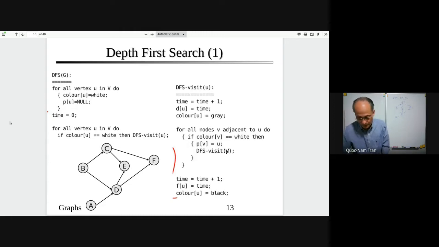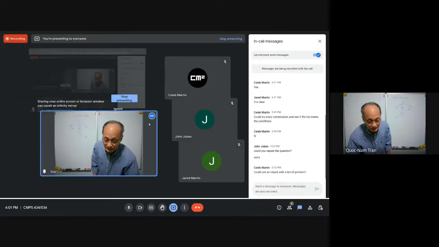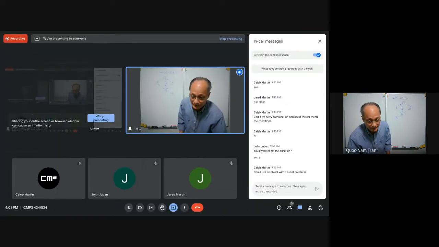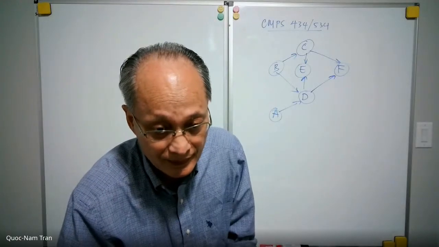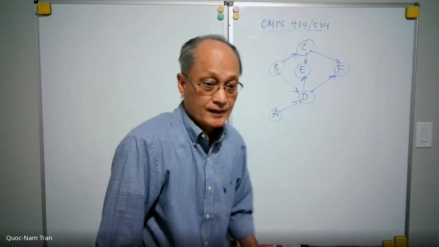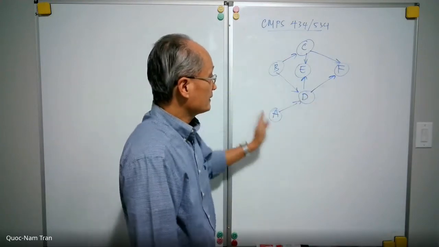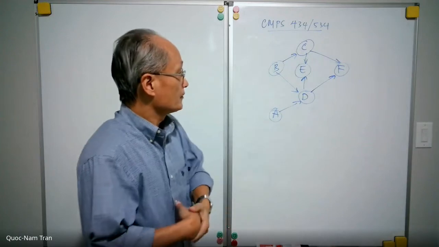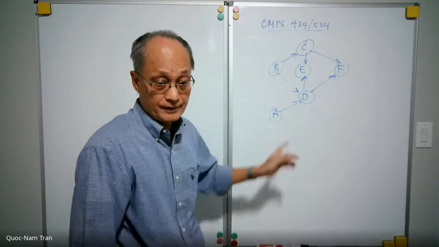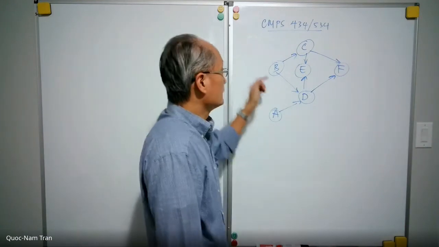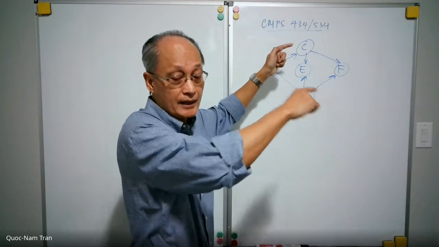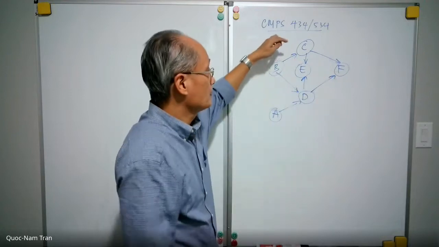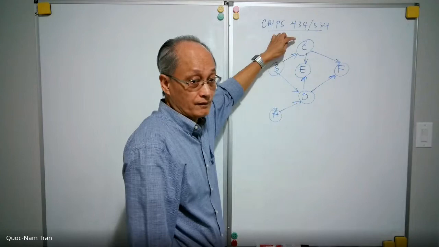the algorithm will work as follows. Okay, so now here we have the directed graph, right? By the way, you can check if this has a cycle. A cycle means that if you go in one path, then you will go back to the original vertex.